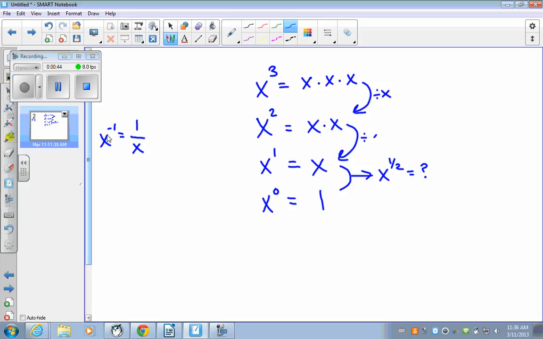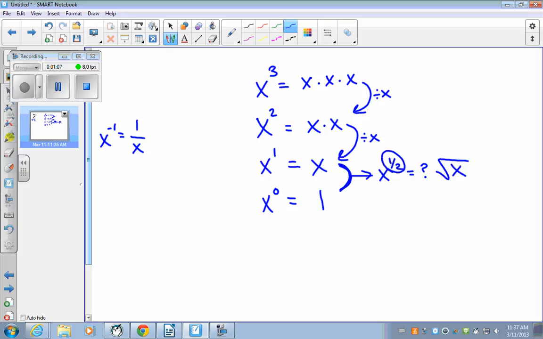Well, then the question is, what do I do if I want a rational exponent, like to the 1/2? And the answer is, because it's in between here, I can't just divide by x. What I'm actually doing, x to the 1/2 power, is the square root of x.